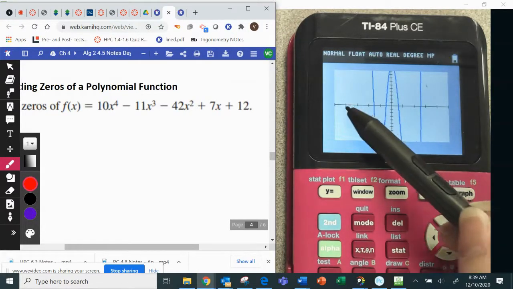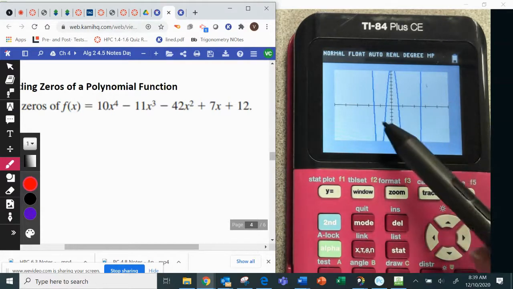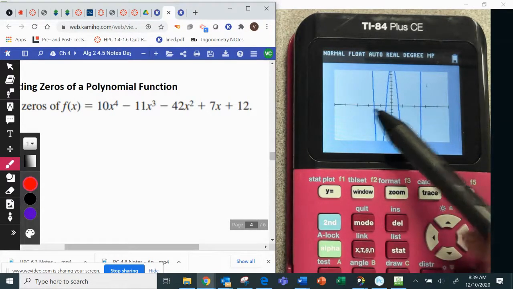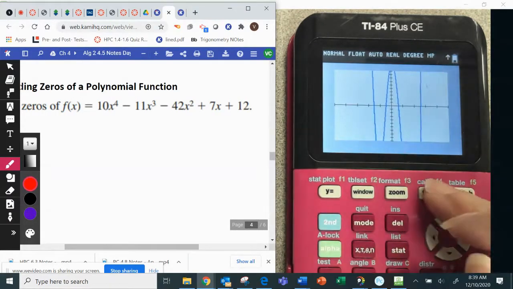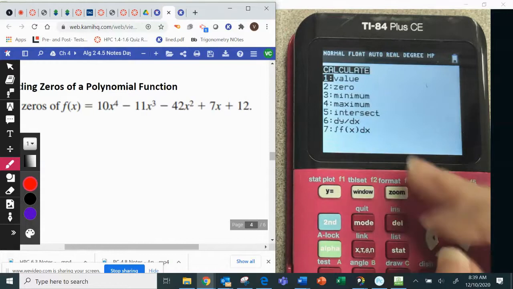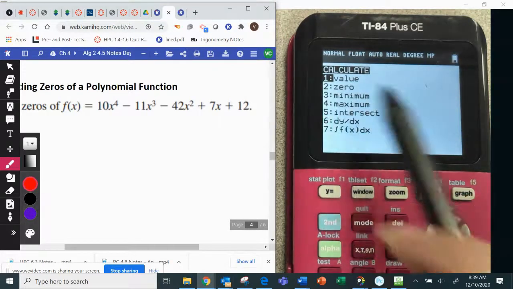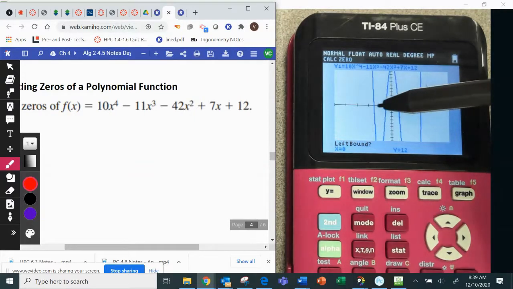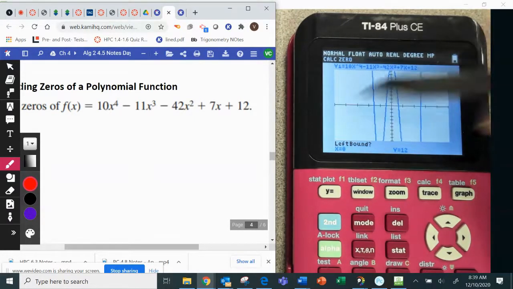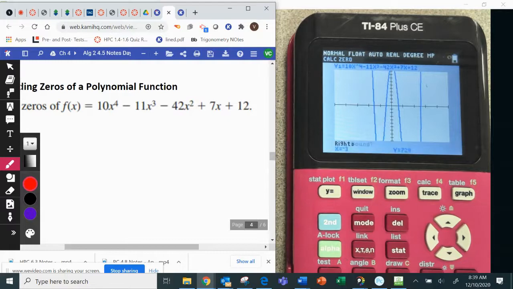Okay, so we're going to go from left to right, and we're going to find this first 0 using the calculator. It doesn't look like it's at an integer. So I'm going to do second calc and then 0. So left boundary, definitely -3. And then right boundary, I think -1.